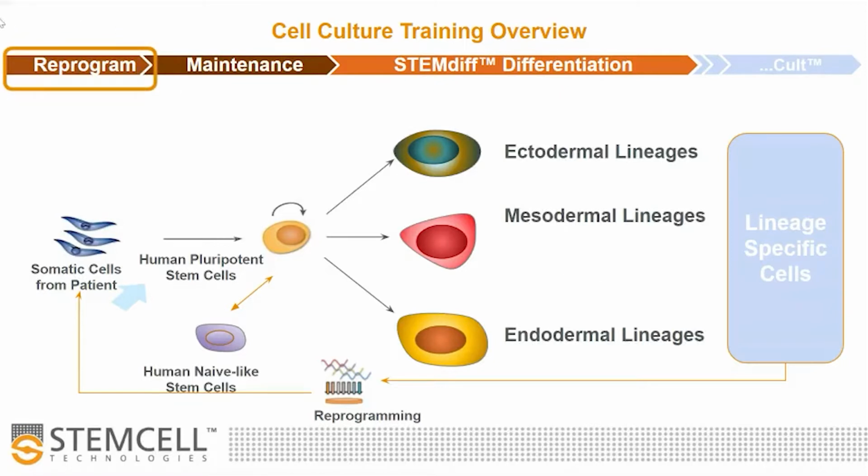However, today we're going to be focusing on reprogramming and what kind of products and workflows we have to support customers who would like to reprogram somatic cells to induced pluripotent stem cells.